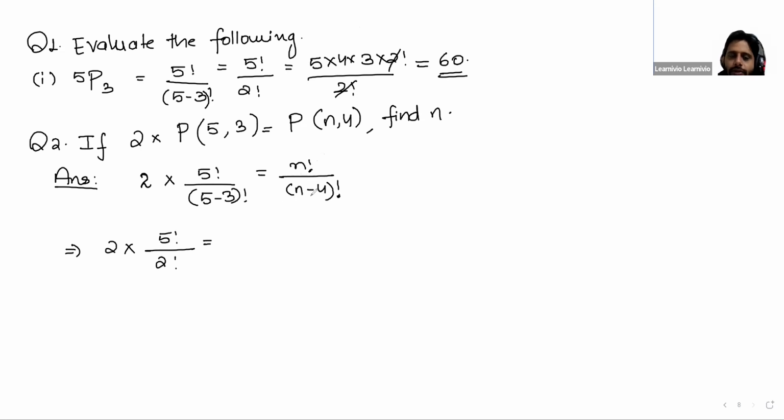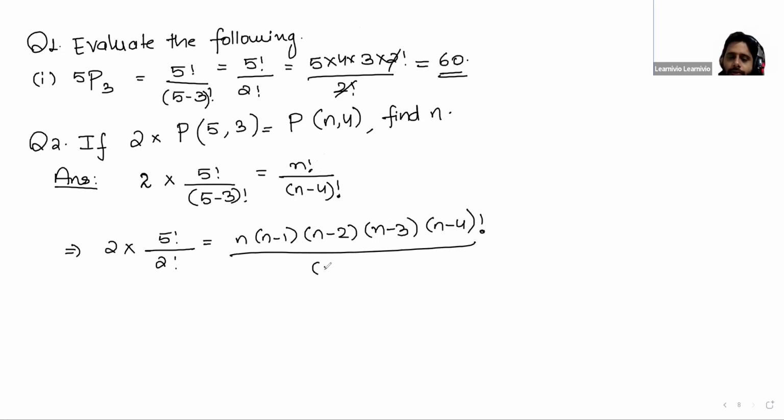So this is n factorial, this is (n minus 4) factorial, so we will expand the first one. So this is n, n minus 1, n minus 2, n minus 3, (n minus 4) factorial. And in the denominator we have (n minus 4) factorial. Yusra, why have we expanded only till (n minus 4) factorial? Because in the denominator we already have (n minus 4) factorial, so this can be cancelled out.